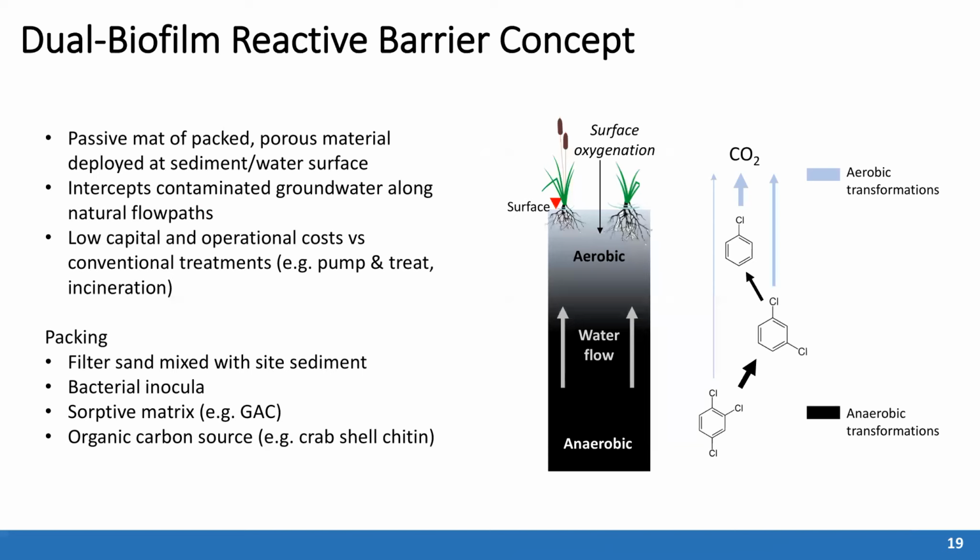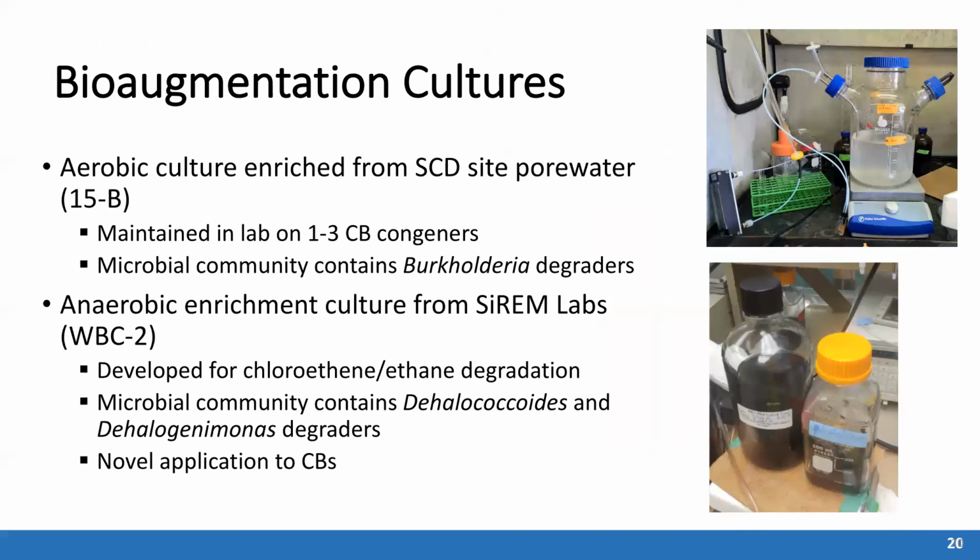So if you laid down a barrier that had this material in it, you would have internal food to drive the anaerobic reductive dechlorination, and then you would have aerobic oxygenase at the surface to drive the aerobic oxidation. With this kind of barrier, it would require low capital costs. You're not doing a lot of pump and treat, so the maintenance cost should be low as well. So there are a lot of attractive aspects of doing this reactive barrier.